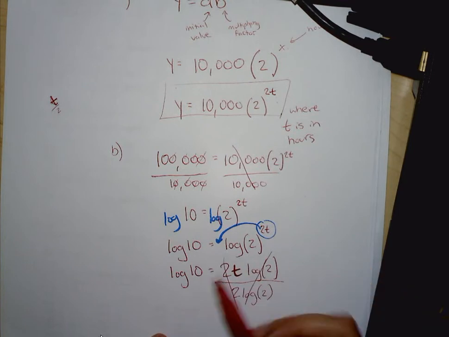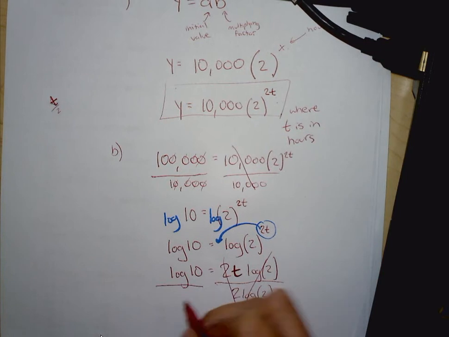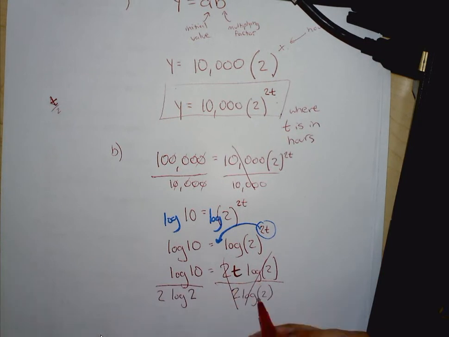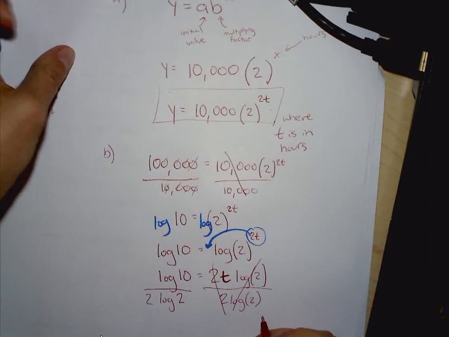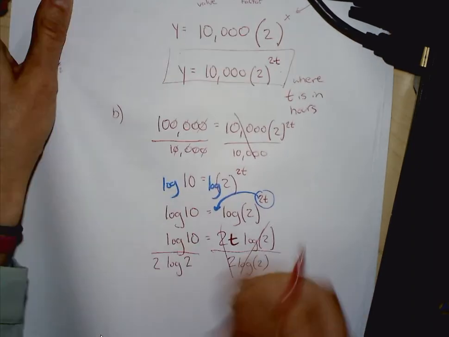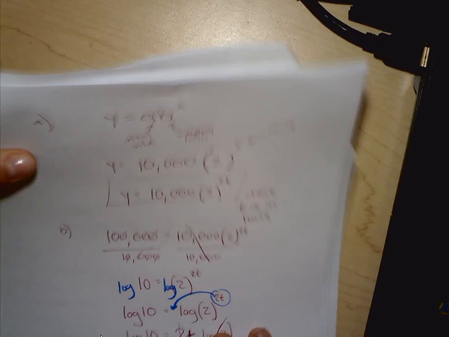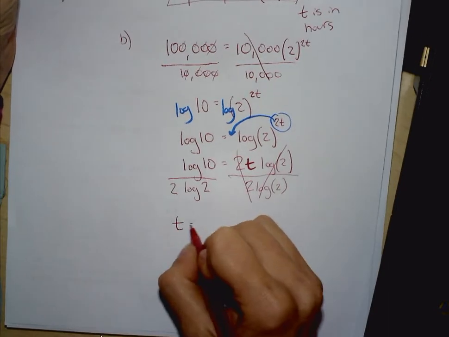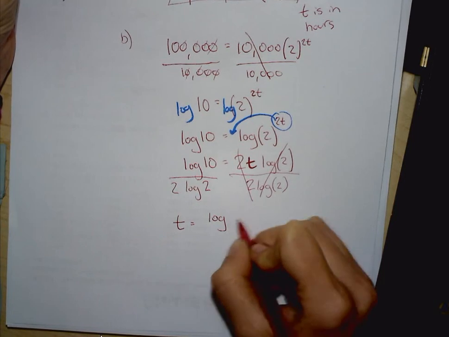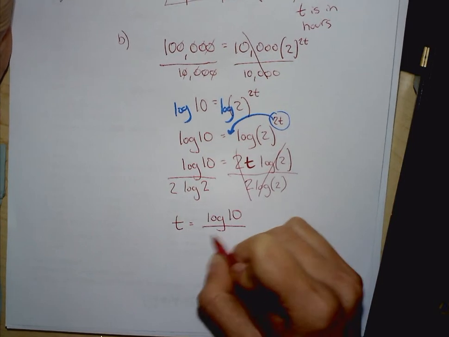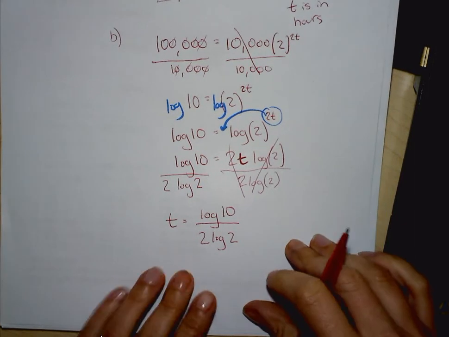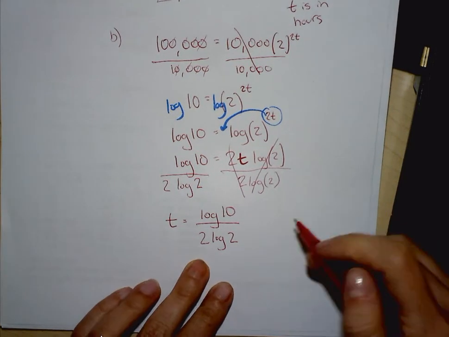I have to do it to this side, so I divide by 2 log 2. So that means t is equal to log 10 over 2 log 2. Now, if I have a calculator, I can type this into the calculator. So I'm going to do that first.